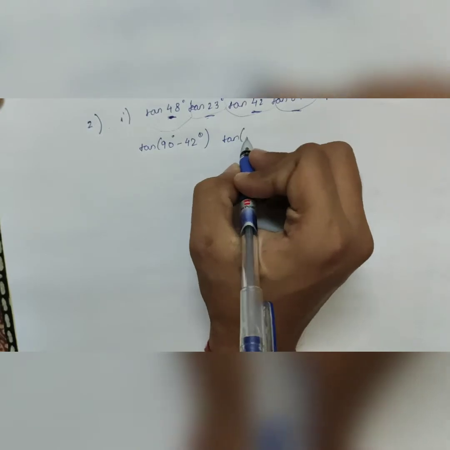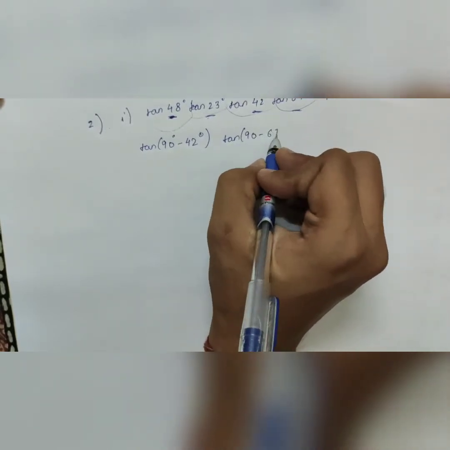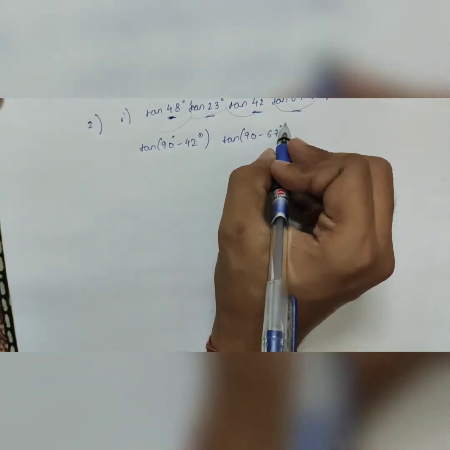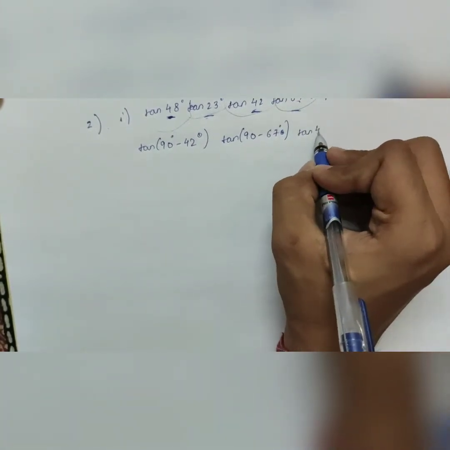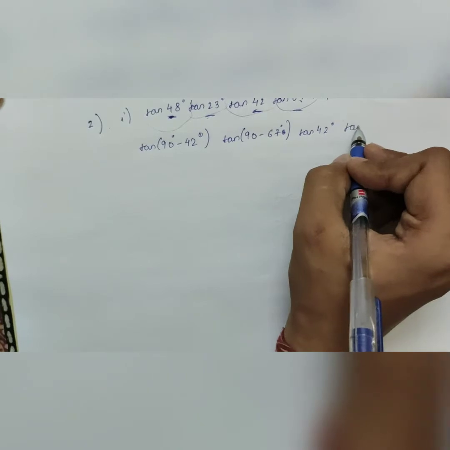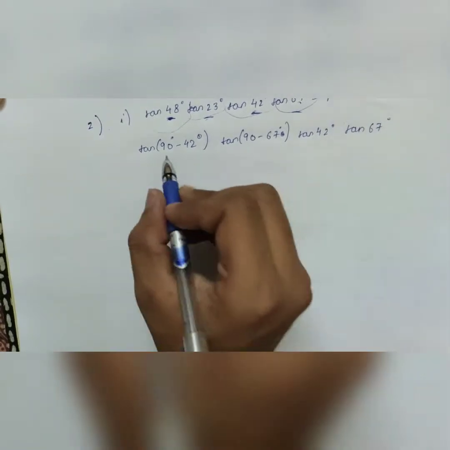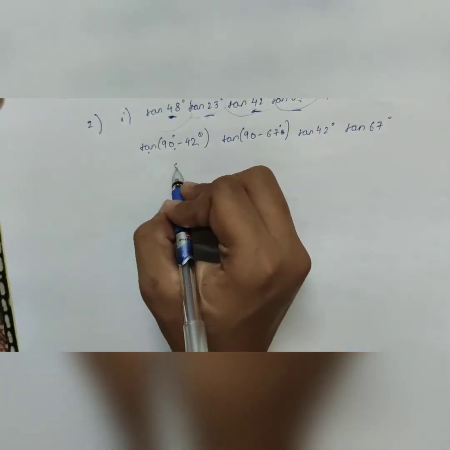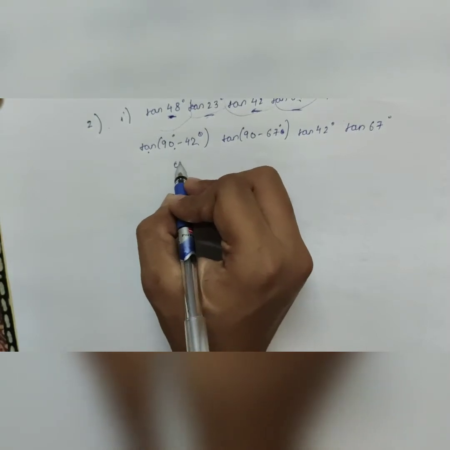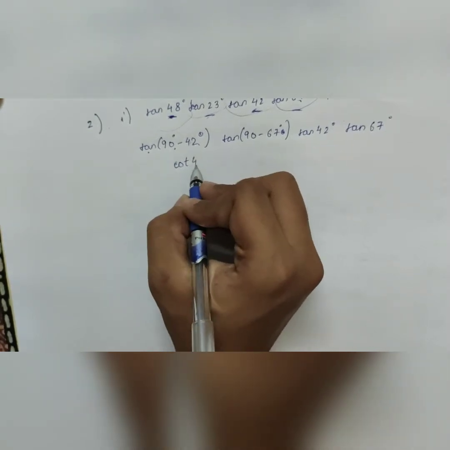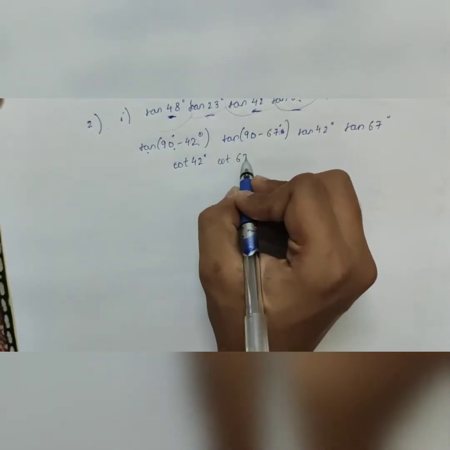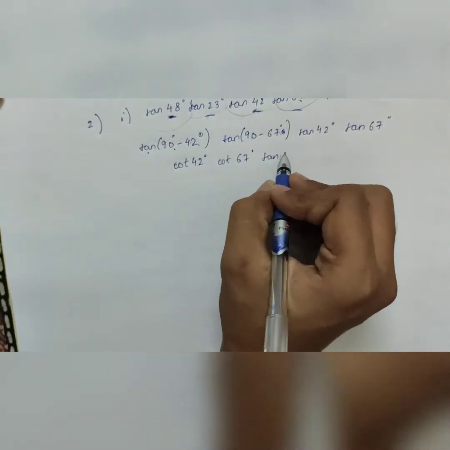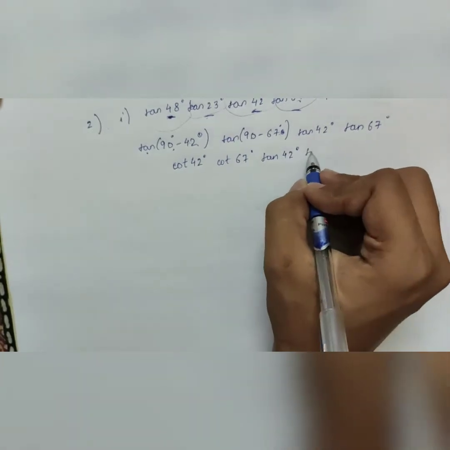Tan 23 you can write as tan 90 minus 67, and leave both of these as such, tan 42 and tan 67. So tan 90 minus theta we have seen as cot theta, so cot 42, again cot 67, and tan 42 and tan 67.